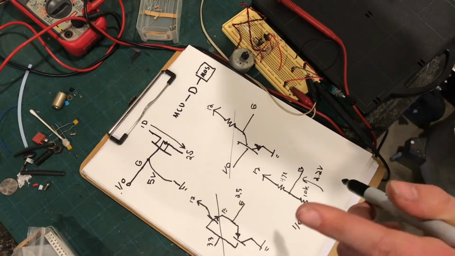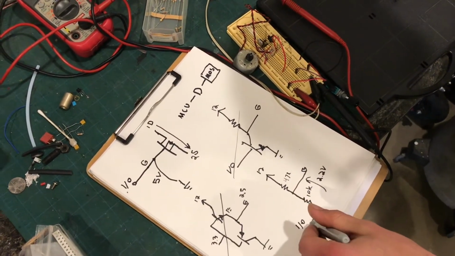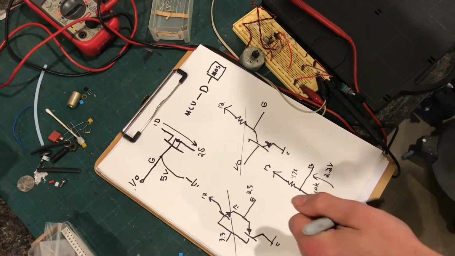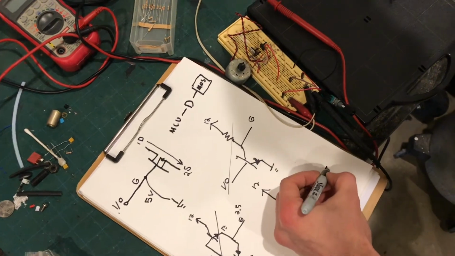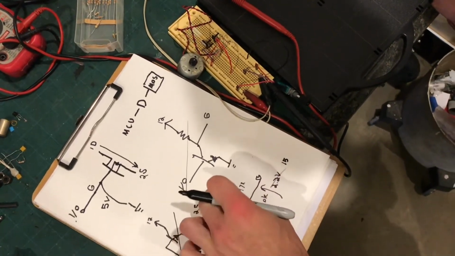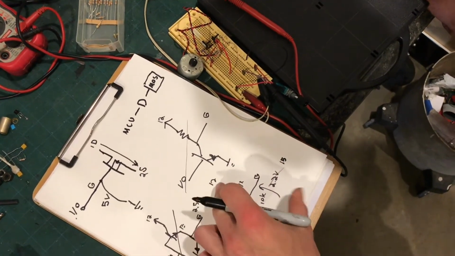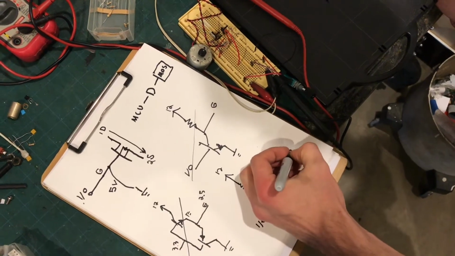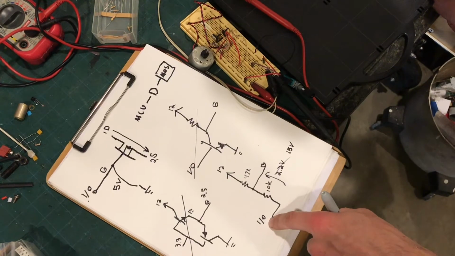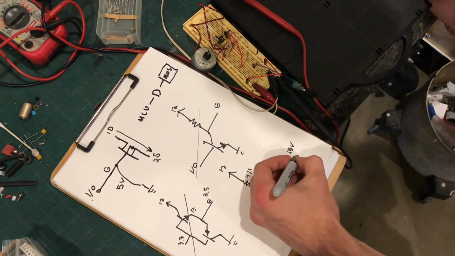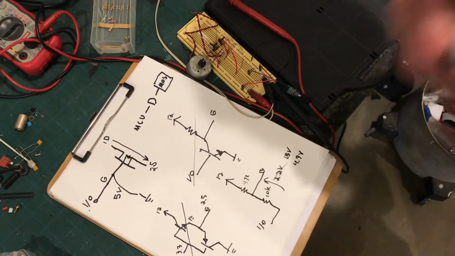But when the I/O is 3.3, now we see 1.5 volts above the 3.3, which ends up actually being about 4.9 volts.